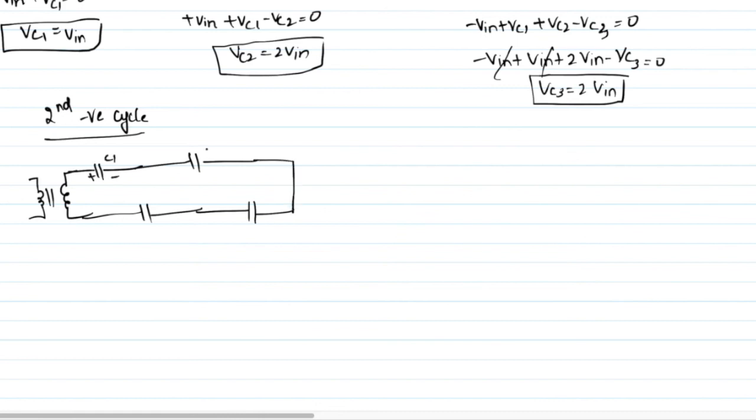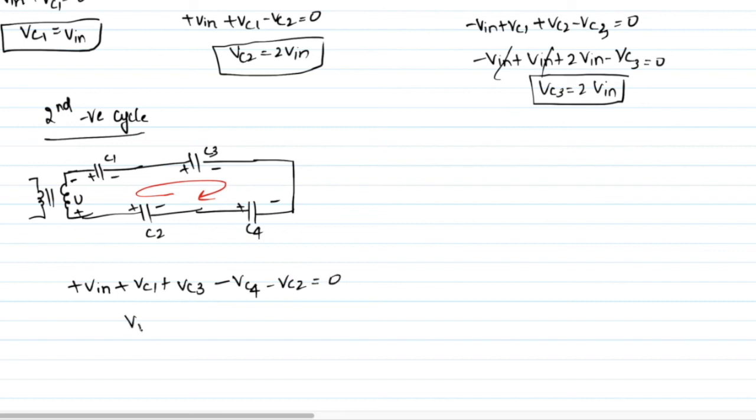C1 plus minus, C3 plus minus, C2 plus minus, C4 plus minus, and this is the negative cycle, so this is minus. Now apply KVL to the entire circuit. Plus V in plus Vc1 plus Vc3 minus Vc4 minus Vc2 equals 0. So V in plus V in plus 2V in minus Vc4 minus 2V in equals 0.